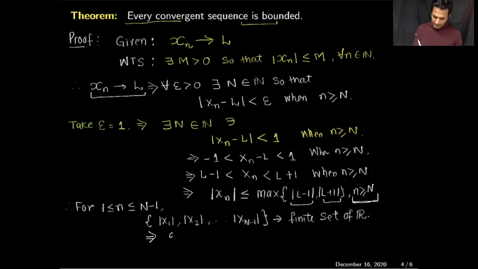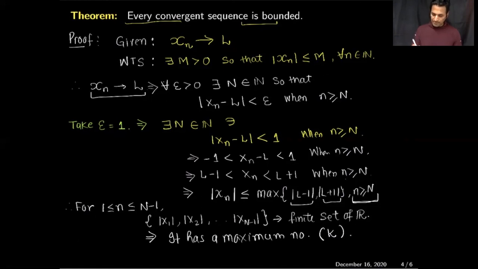So this implies this set has a maximum number, which will also be a real number. I'm going to call that maximum number, let's say, k. The k is the maximum of that set.